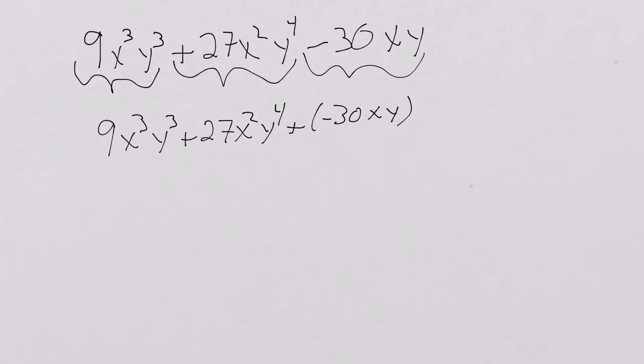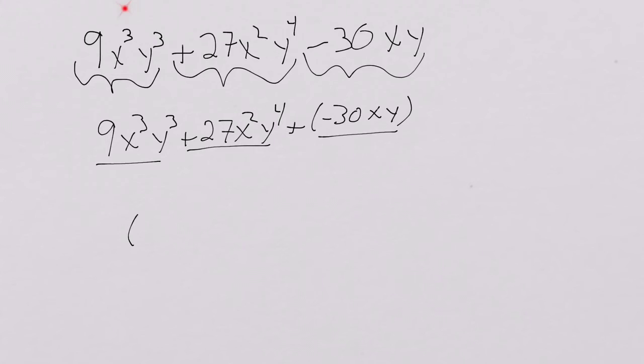I'm adding a negative number so I make sure I don't mess up my signs. Now I know I'm going to have to divide each one of these by whatever they all have in common. Once I figure that out, I'm going to have to actually multiply whatever I'm dividing by to get my actual factors.